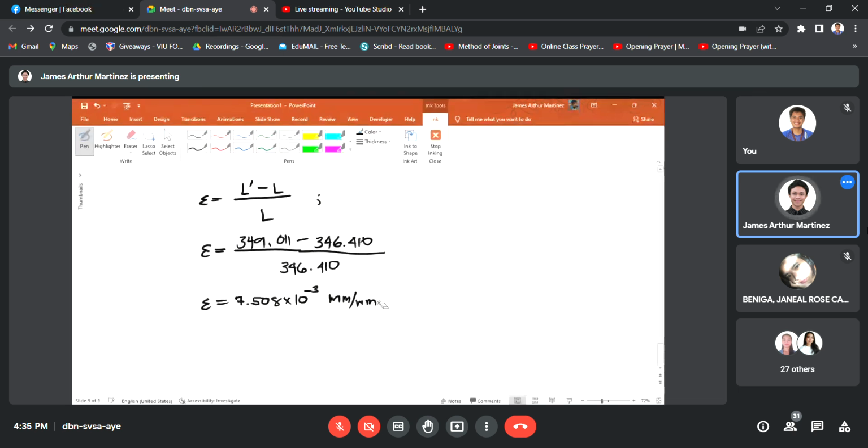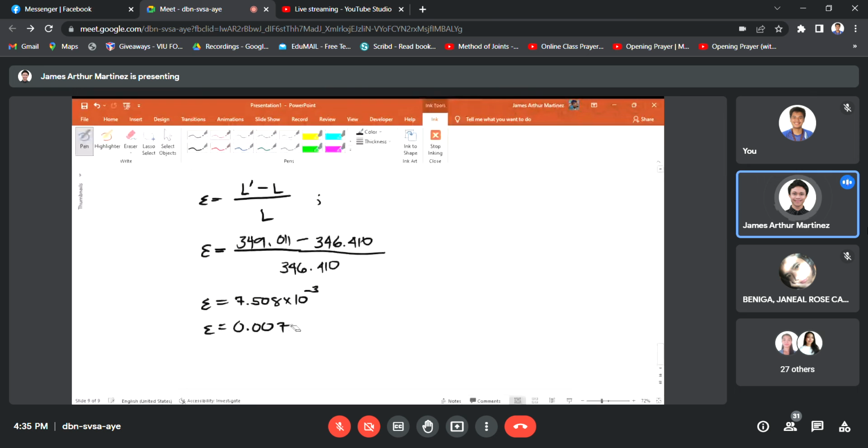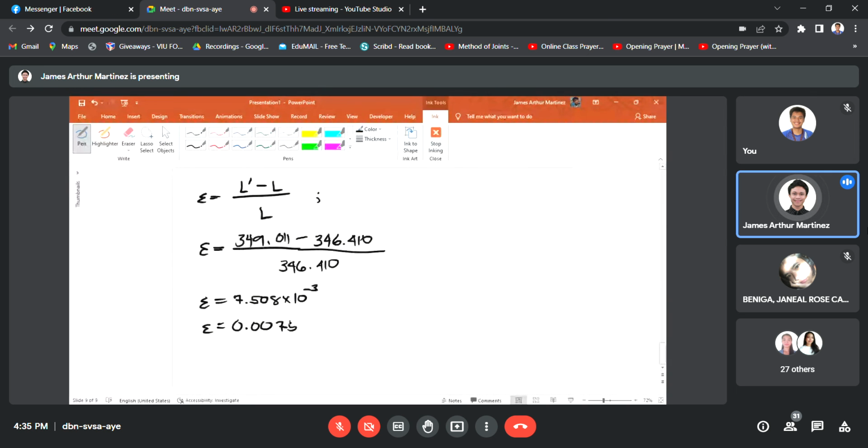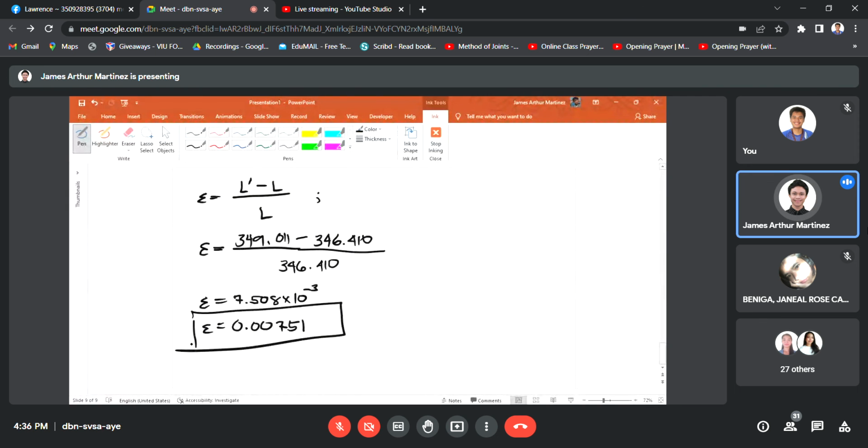If we express it as a decimal, it is 0.007508, or about 0.00751. So this is now our final answer for situation number 3.